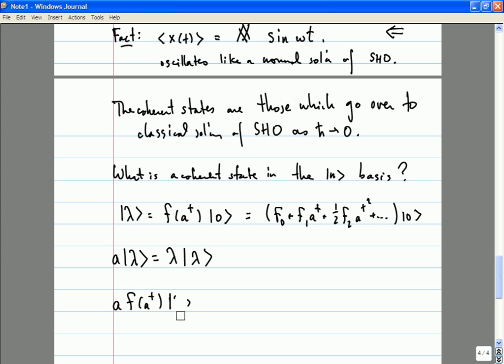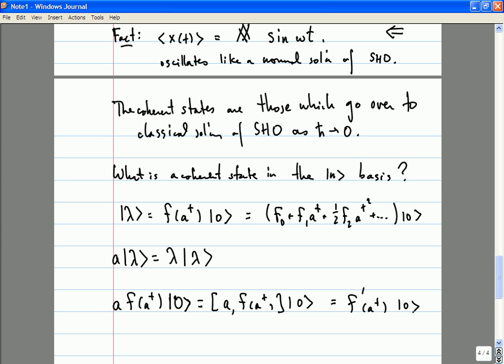I had it right the first time. So what is that? Well, a annihilates the ground state. So that can also be written as a commutator of a with f of a dagger acting on the ground state, because the second term in the commutator vanishes. And what is the commutator of a with some function of a dagger? Well, it's the derivative of that function, regarded as a function of a dagger.